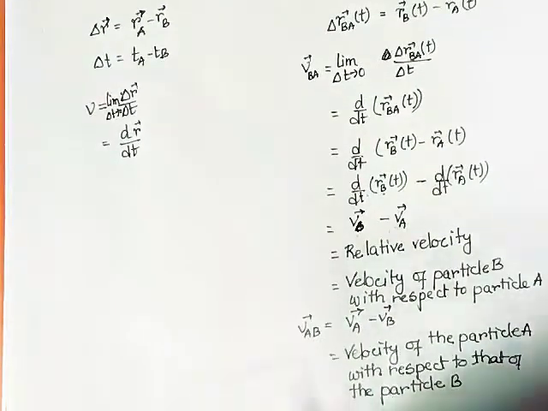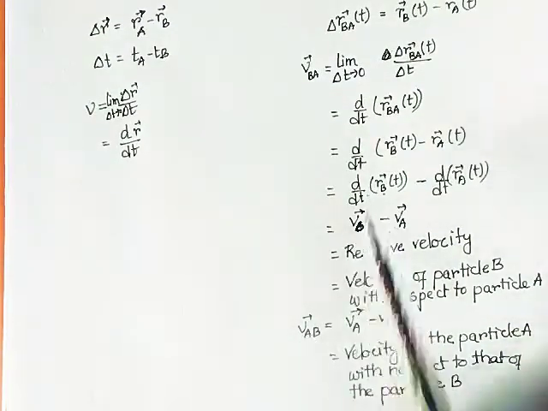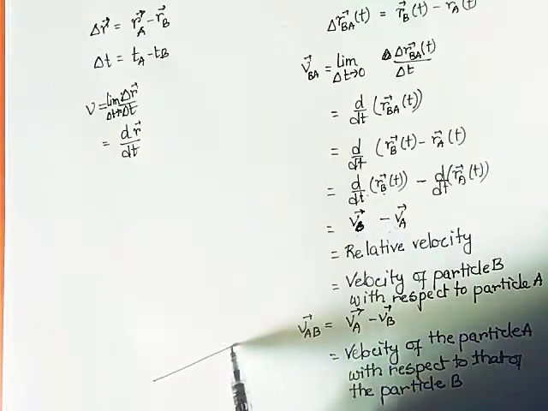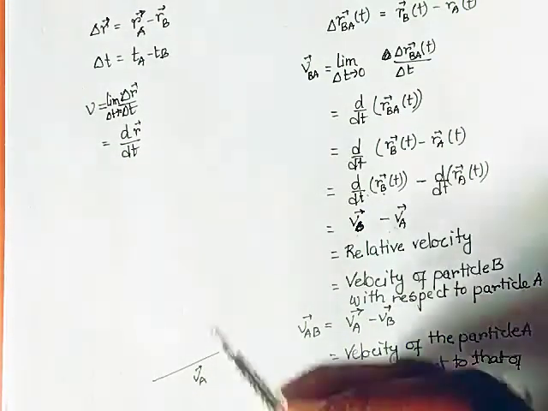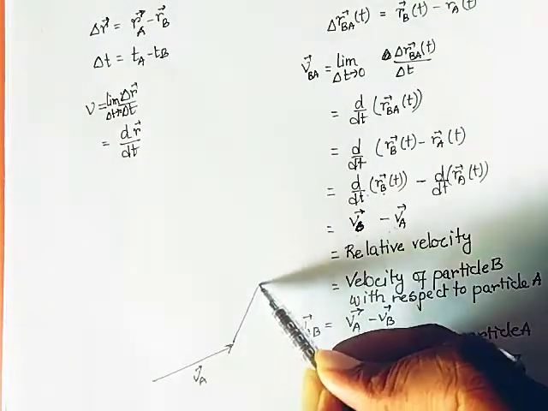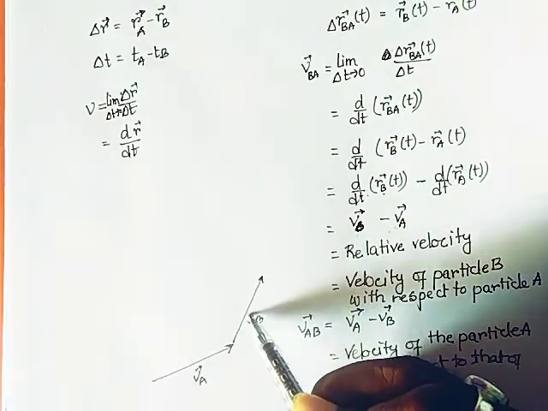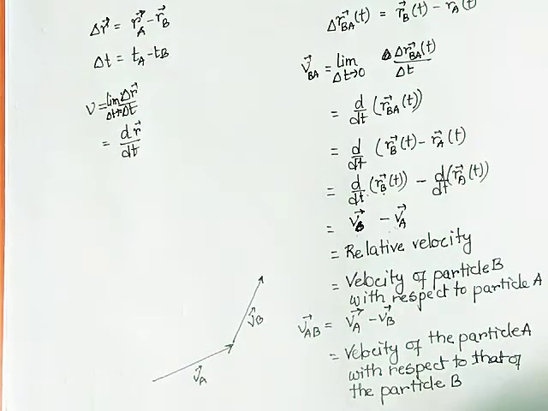If I say that this is the VA vector, and this is the VB vector, I cannot take this this way.